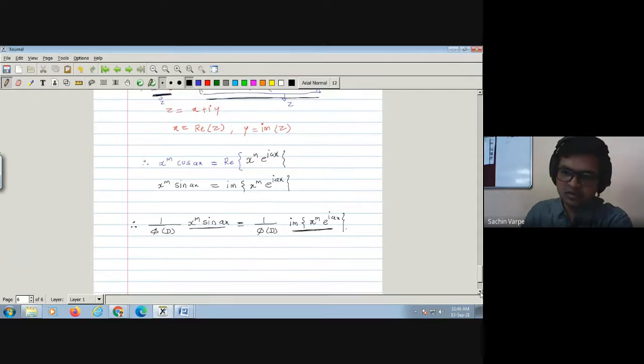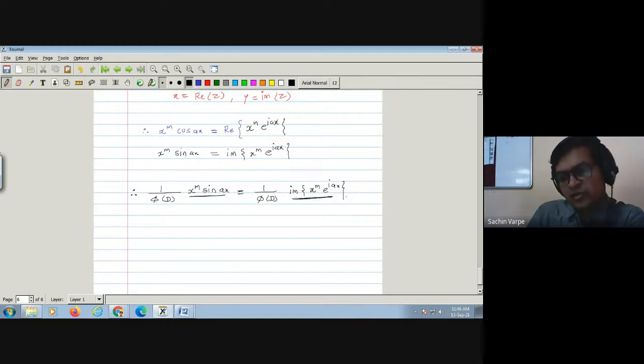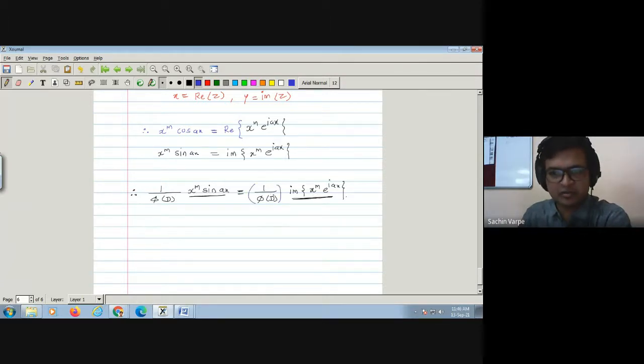Clear? So with this, now its imaginary part, and as this 1 upon phi of D is an operator, I can take it inside also, because it makes no difference to the imaginary part. So that is why I can write it as the imaginary part of 1 upon phi of D x raised to m e to the power i ax.